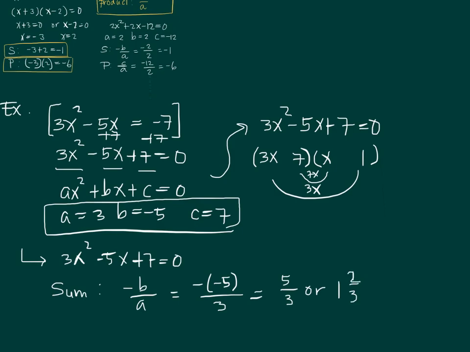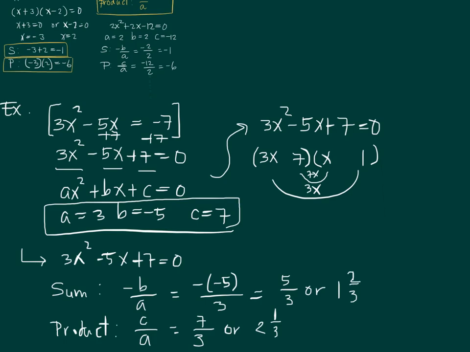Okay, and the product of the roots, so from the rule that we have, is just c over a, which is equal to 7 divided by 3, or 2 and 1/3. So you see, with the new method, sum equals negative b over a and the product c over a, we didn't have to determine the roots for us to find the sum and the product of the roots.